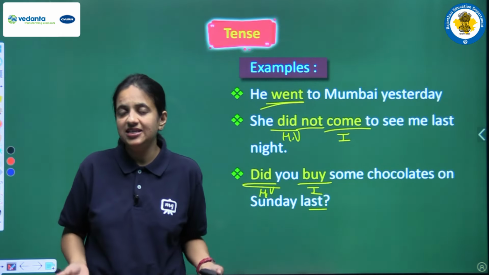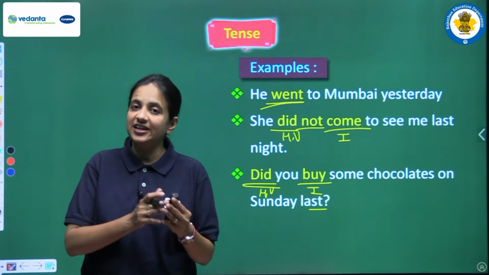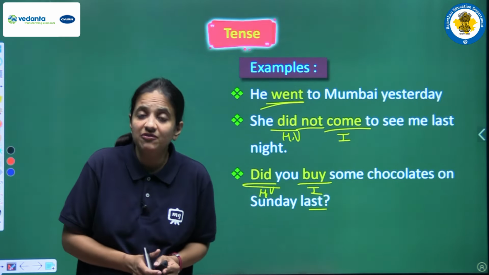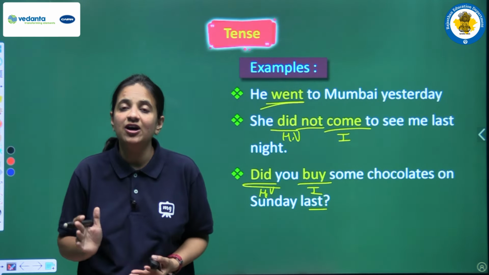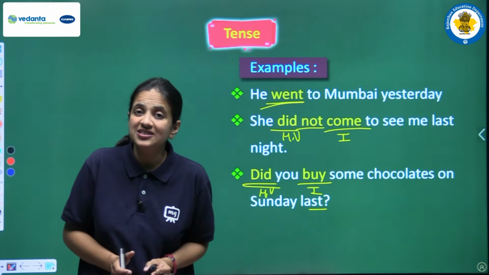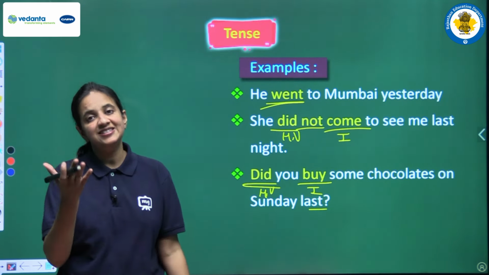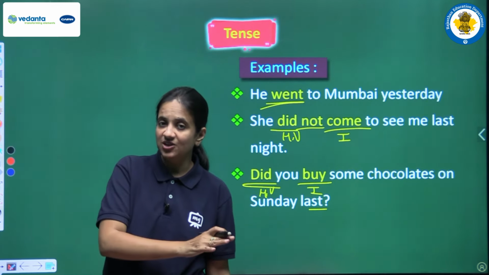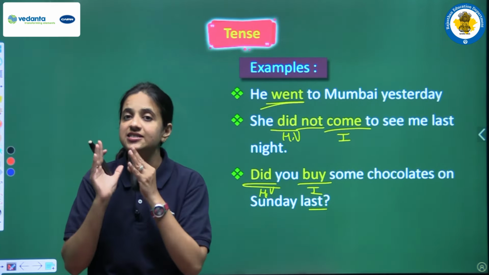So this is very easy, because with all the subjects we will write did only, whether the subject is a singular one or a plural one. No confusion in the helping verb, because we are having only one helping verb. But yes, the main verb is a little bit tricky. You have to observe very carefully whether the sentence is a positive, negative or interrogative one. If the sentence is a positive one, in that case did won't be there, and at that time you have to write the second form.